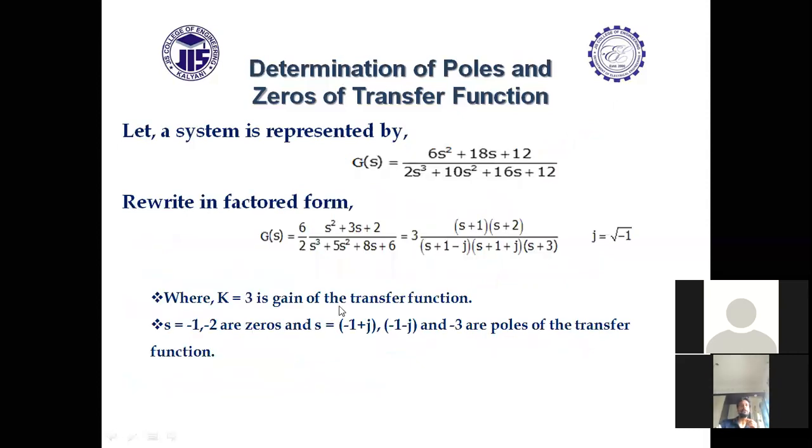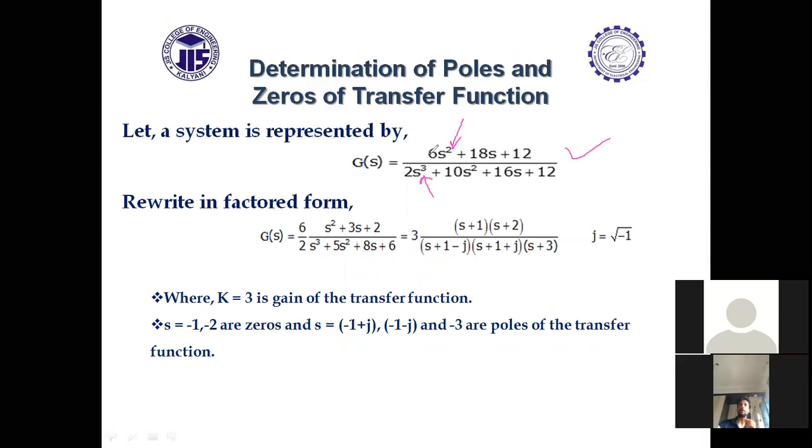Now let us move to the next problem. This is a bit complex one, which is given in polynomial form. In this polynomial form, see here the highest power of s in the numerator is 2, that is s squared. The highest power of s in the denominator is 3. So as per the steps, first what shall we do?